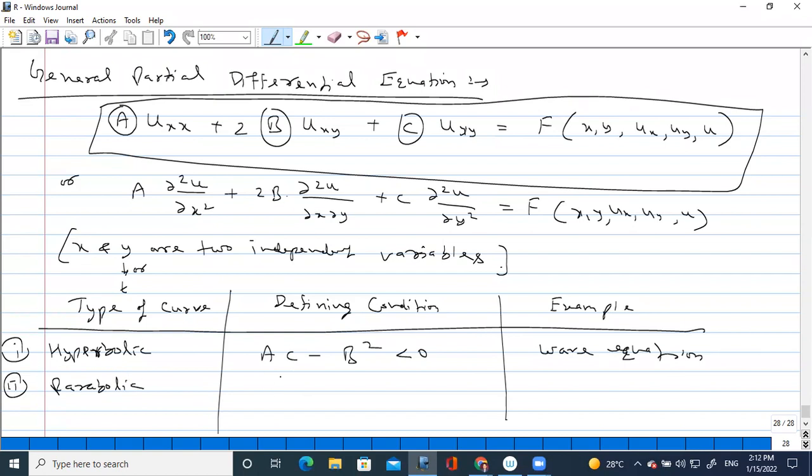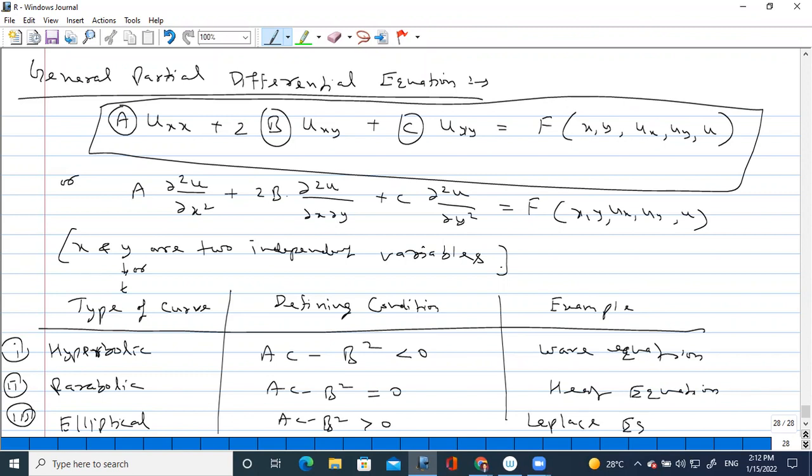For that, the condition is AC minus B square should be equal to 0, and an example of such an equation is the heat equation. Similarly, the third kind is the elliptical path. The condition of that is AC minus B square greater than 0, and the example is the Laplace equation.